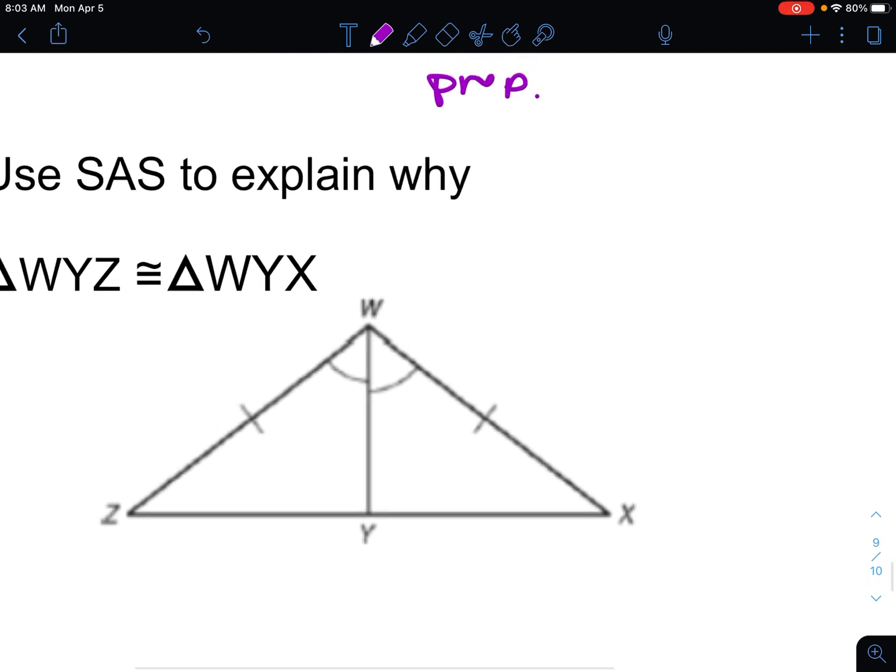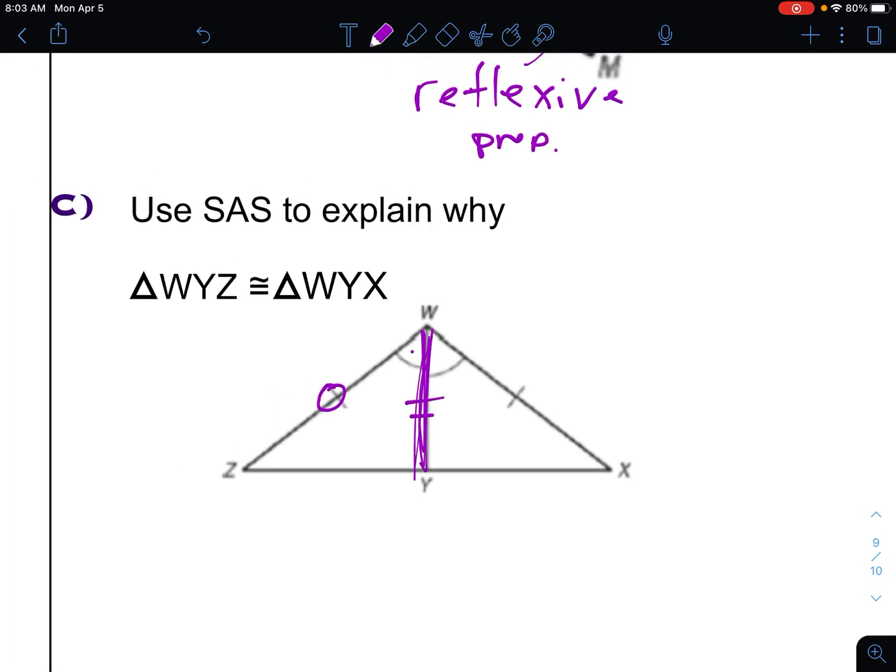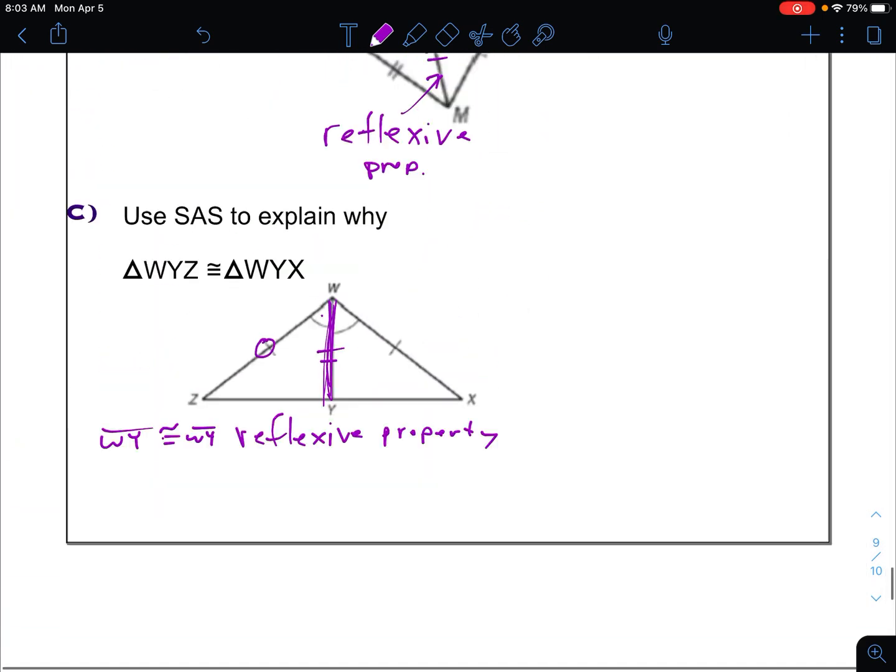Side angle side. Okay, how do I know? Well, side, included angle, reflexive property again. So you could say that in words, write that down. Well, they gave us the side and angle, and then WY is congruent to WY because of the reflexive property, and then W is the included angle in both of them, so we would be able to use side angle side.